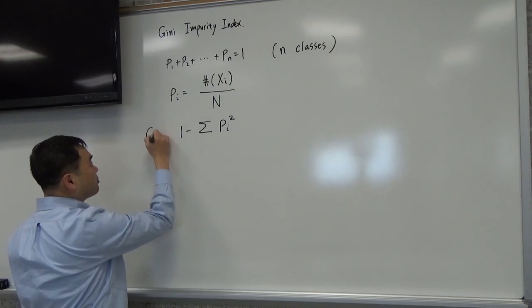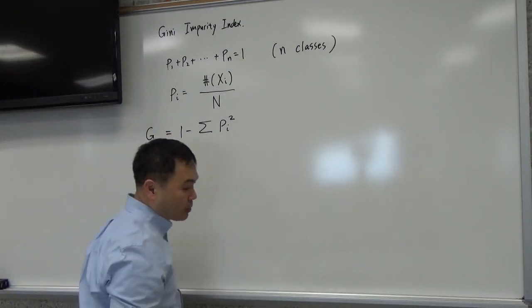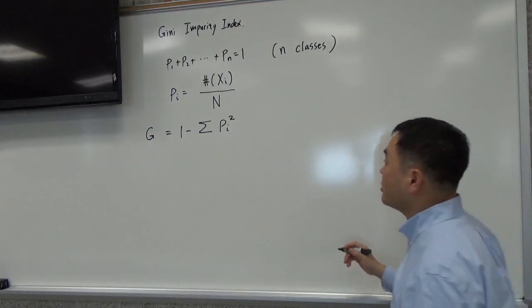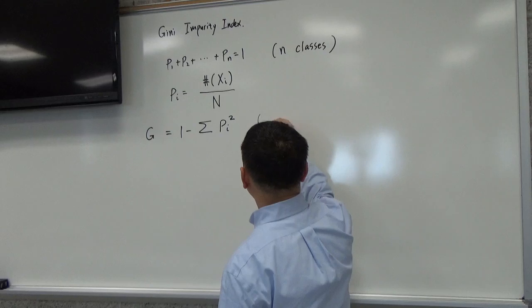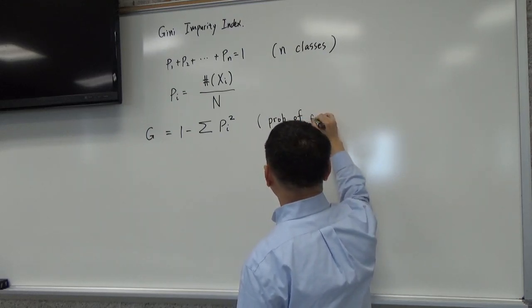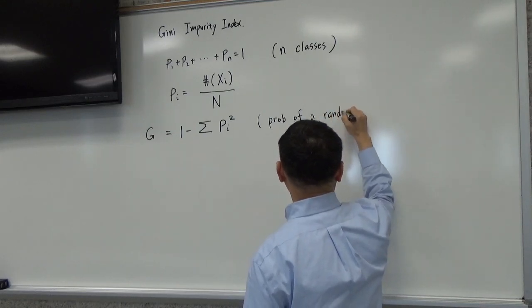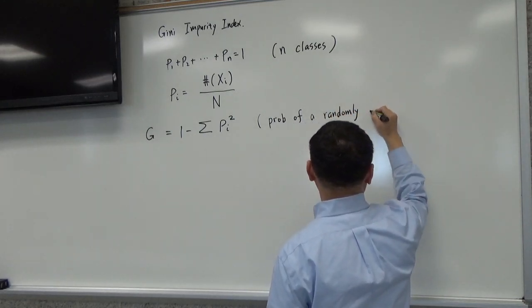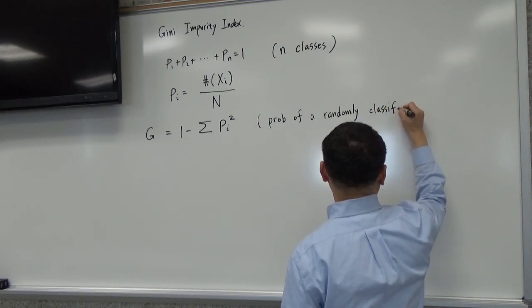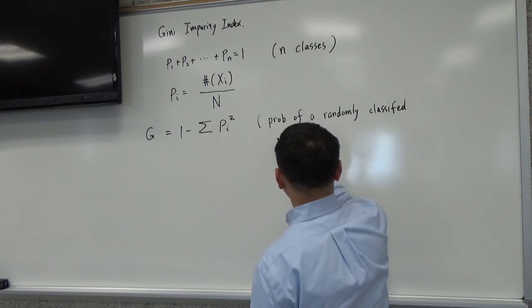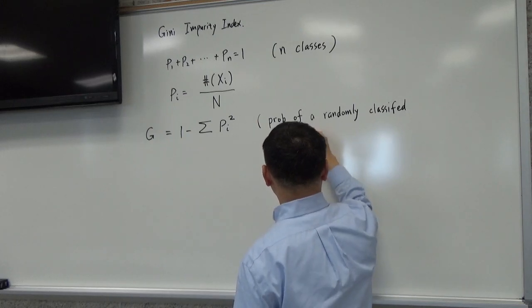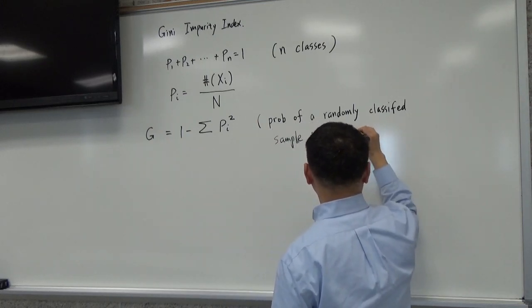Let's call this G. And the meaning of this is the probability of a randomly classified sample to be incorrect.